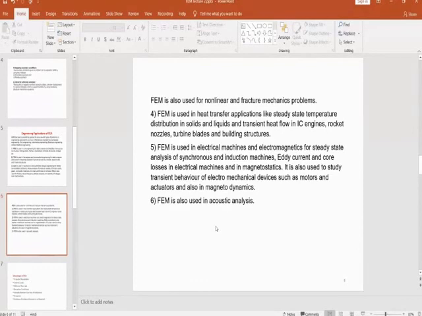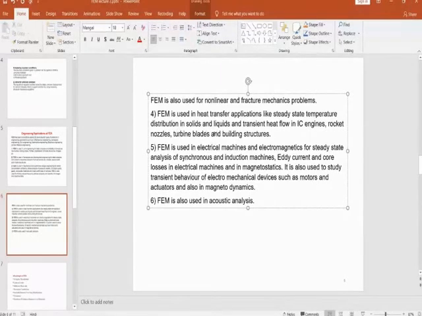Then temperature distribution in rocket nozzles, in turbine blades, turbines, you know, Kaplan turbine, Francis turbine. In those turbine blades also, what is the temperature distribution, how the fluid is flowing on the turbine blades, those all can be found. And also in building structures, in large buildings there will be different temperatures.